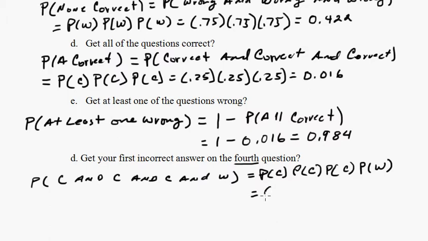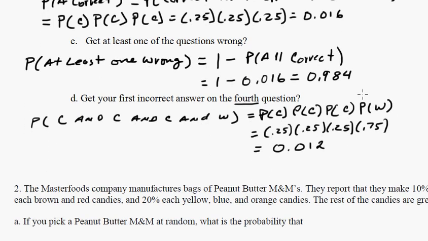So that's going to be 0.25 times 0.25 times 0.25 times 0.75. The reason we know this is because they're independent events, so we can add another branch easily. So this would be 0.012.